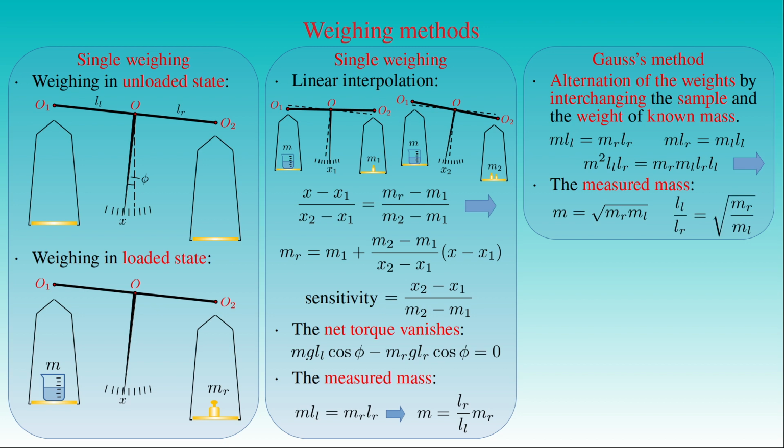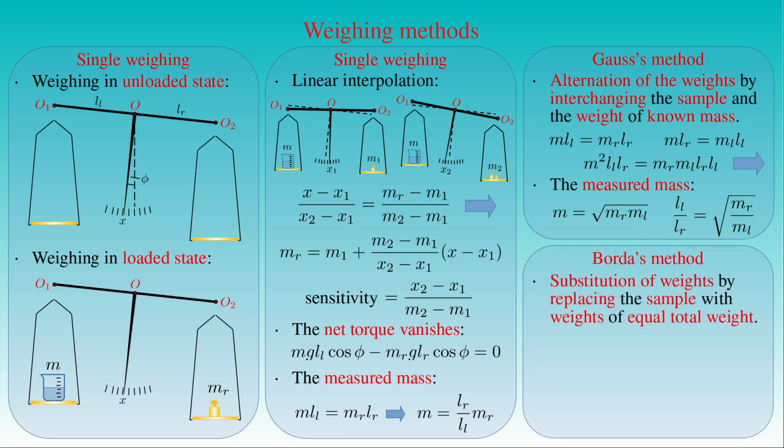The second type of double weighing is called Borda's method, where the first stage of weighing is followed by substitution of weights, that is by replacing the sample with weights of equal total weight. In the first stage the sample of the unknown mass is placed in one of the pans, and balanced with fine shot or sand placed in the other. The equilibrium position does not need to be the same as the one for the unloaded balance.